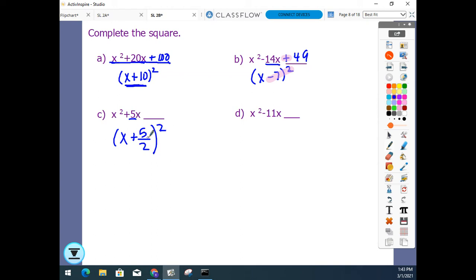When you take half of an odd number, just keep it as a fraction, because when you square a fraction, you square the numerator, square the denominator. 25 fourths. You can actually square fractions in your head way easier than decimals. So if the x term is odd, just put it over 2 and square it. Square the top, square the bottom.